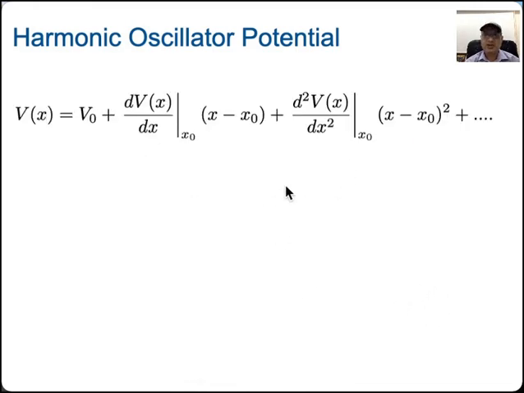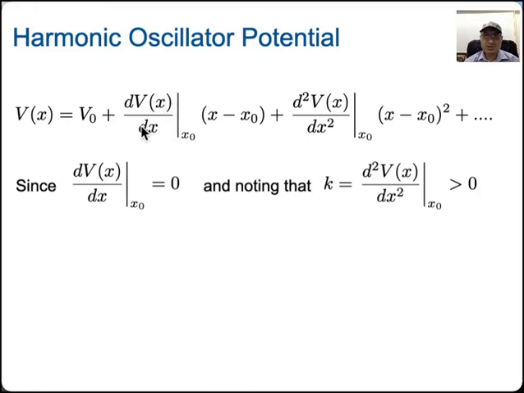So this is what we have written. Now we know that at the position at which we have expanded this potential, the minimum potential or the equilibrium, the first derivative is 0. So the force acting on this particle is 0. And we know that d2V over dx2, because this is a stable minimum, is a positive quantity.